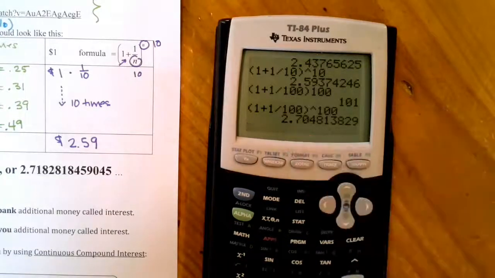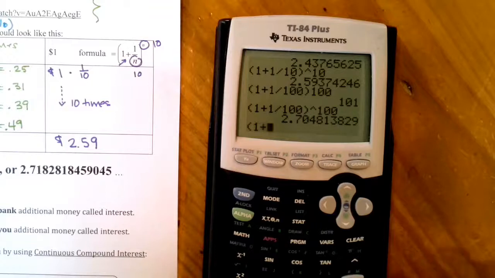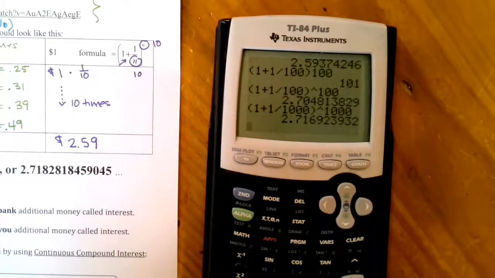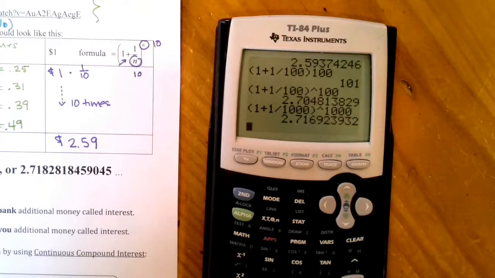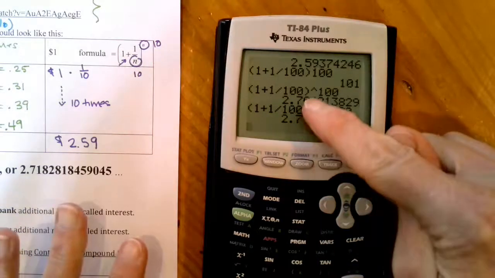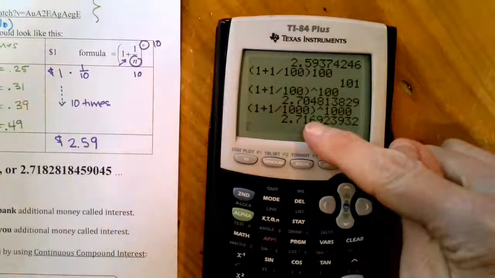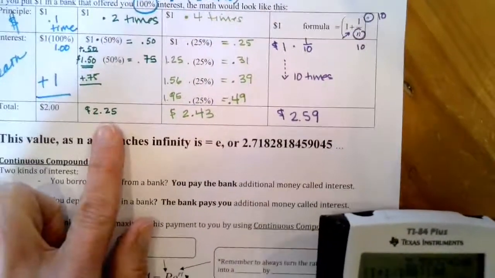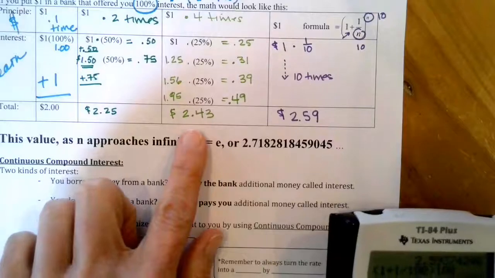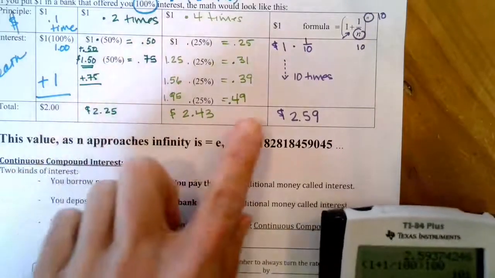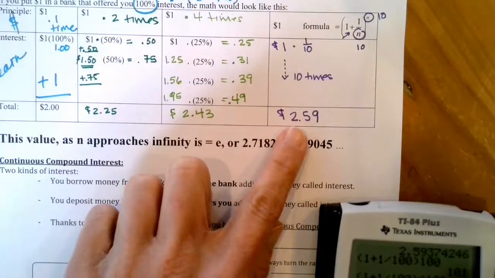Look, now I'm at 2.7. What if I said, okay, 1 plus 1 divided by 1,000 to the 1,000 power? So what you end up seeing is I'm not making as much of a jump as I was originally. Originally, I went from 2 to 2.25 to 2.43, but my jump is getting smaller each time.